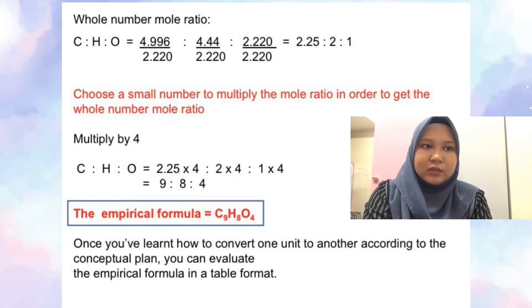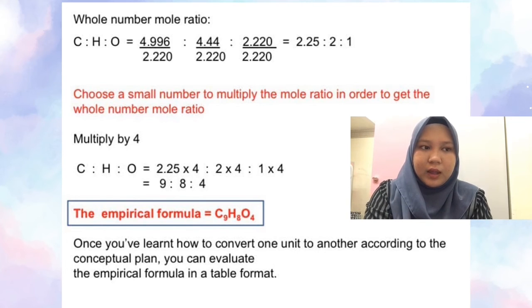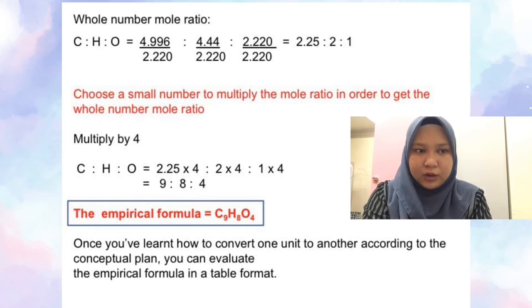Choose a small number to multiply the mole ratio by in order to get the whole number mole ratio. Multiply by 4. Carbon, hydrogen, oxygen equals 2.25 times 4, 2 times 4 and 1 times 4, and the answer is 9, 8 and 4.